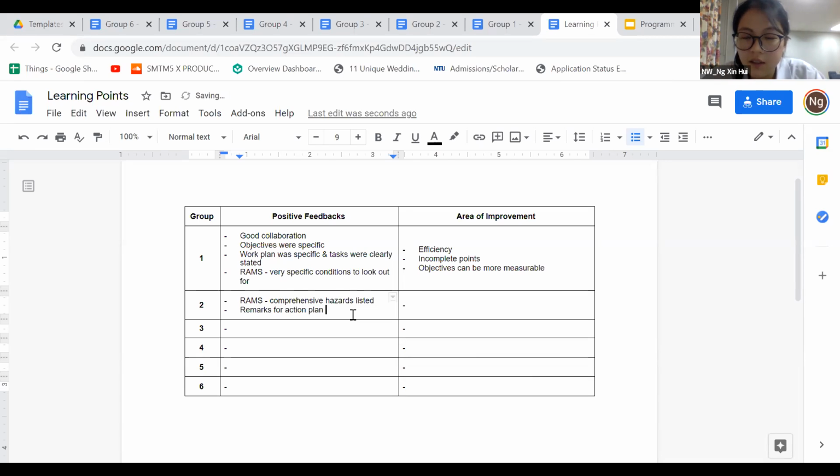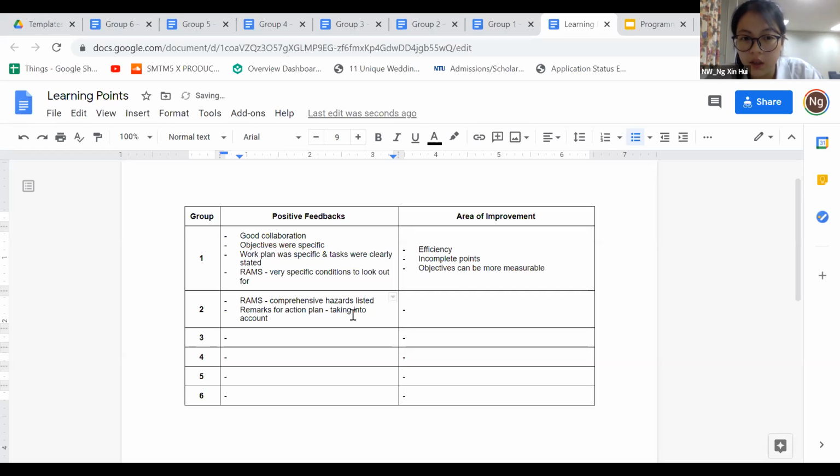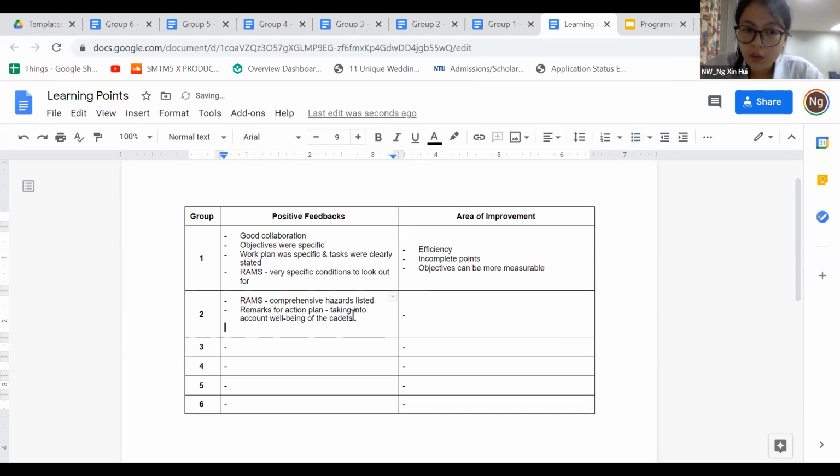What about it? I think it's about taking care of the students when they are having these activities. So taking into account the welfare, the well-being of the cadets. Students. Yeah. Okay. Anything else? No. Okay.